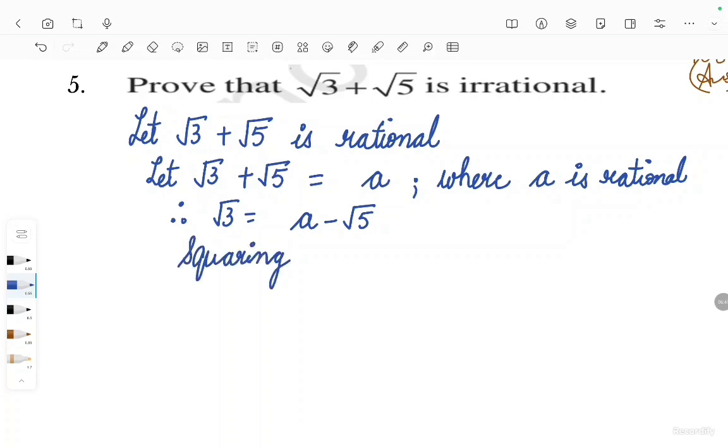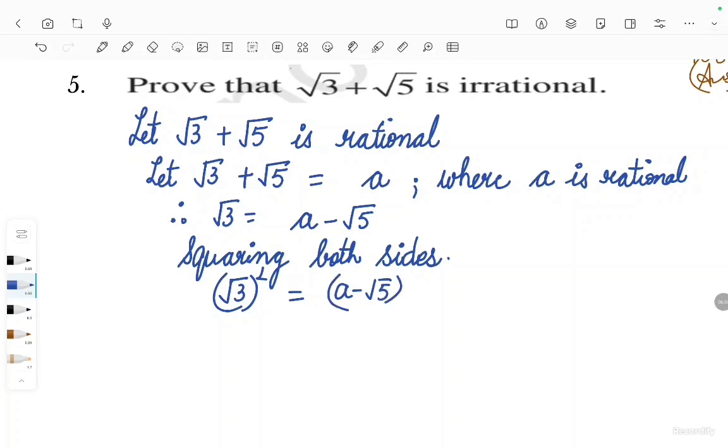Now to eliminate the square root, we will square both sides. What will we get? Root 3 squared equals a minus root 5 whole squared, so 3 equals a minus root 5 whole square.